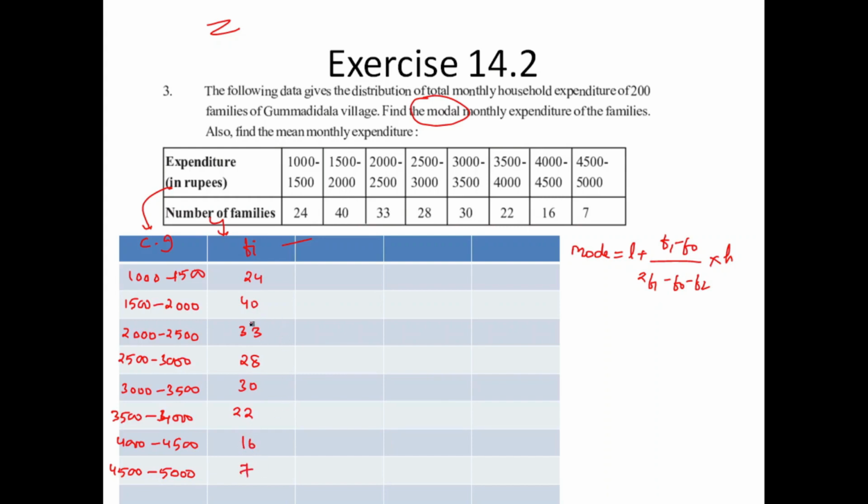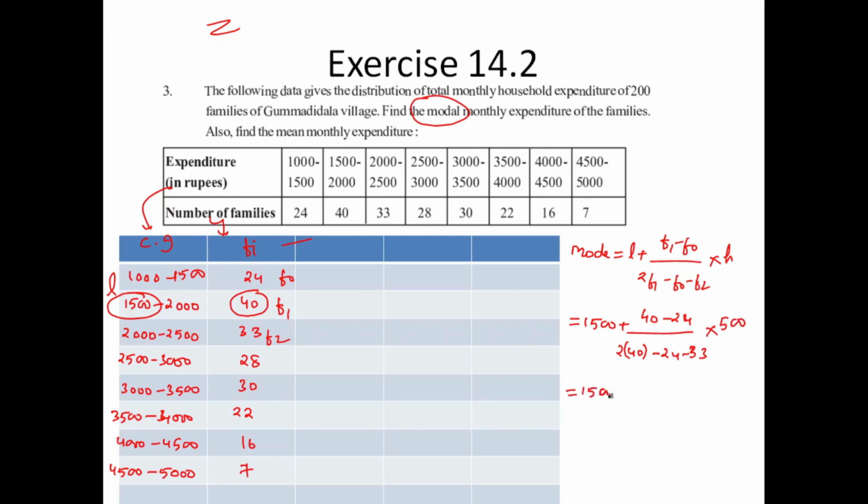The highest among them is your 40. So 40 should be your F1, this is your F0, this is your F2, and this is your limiting value. So let us directly substitute in the formula. 1500 plus (F1 value, 40, minus 24) by (2 into 40 minus 24 minus 33) into H, where H is your difference, 500.